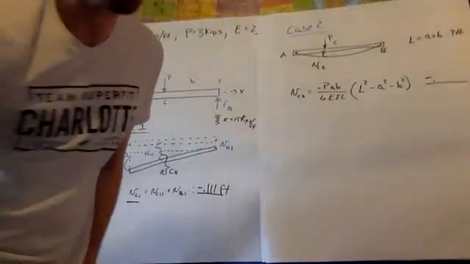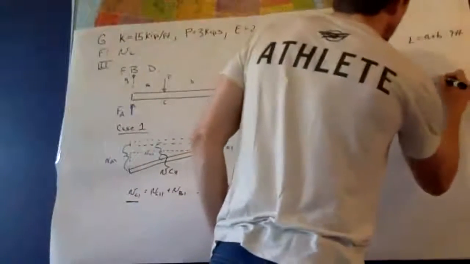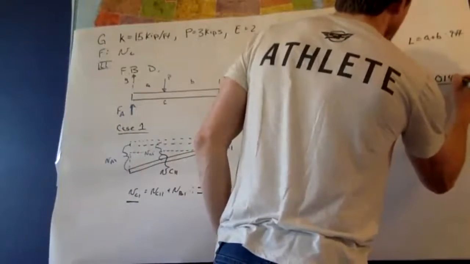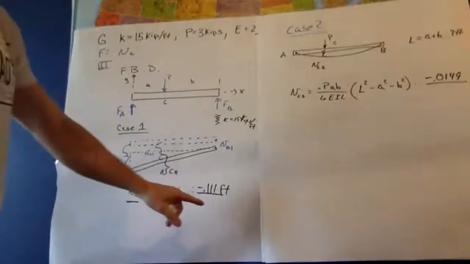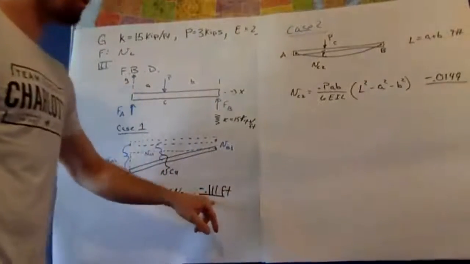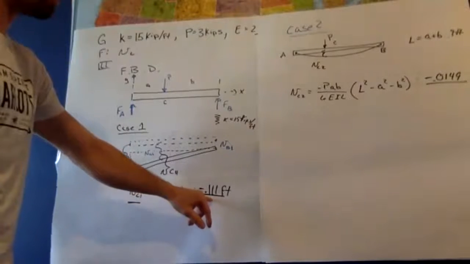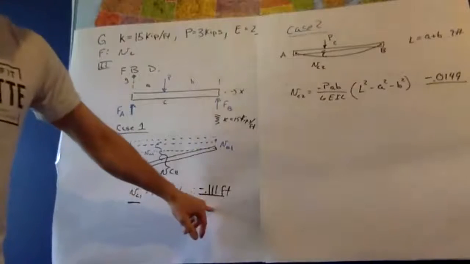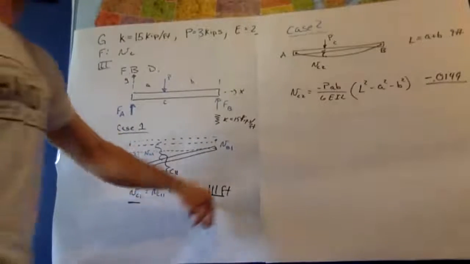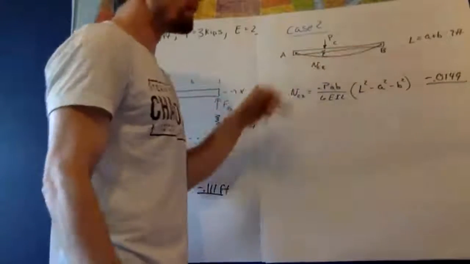VC2 is equal to negative 0.0149. So this displacement is an order of magnitude smaller than this displacement here. The displacement at C and also the deformation.